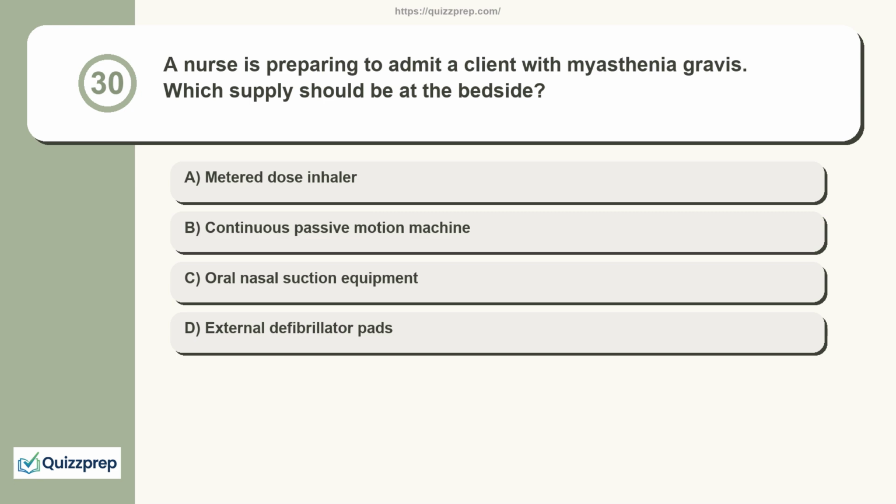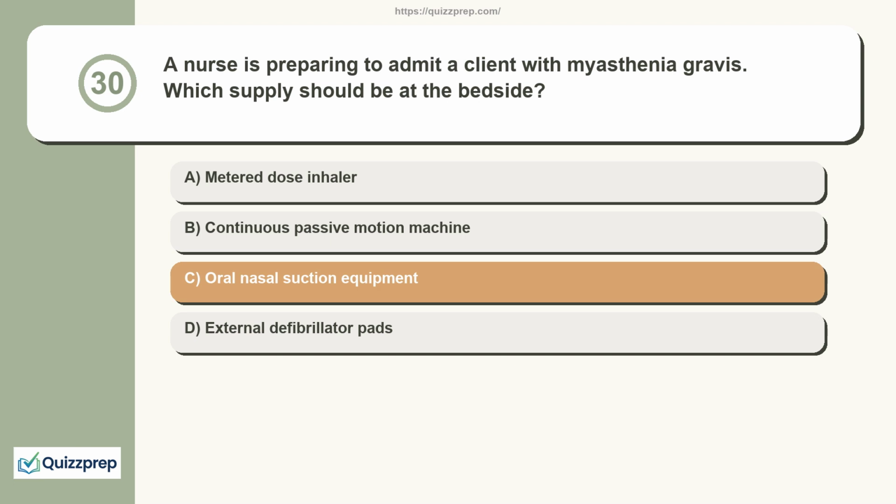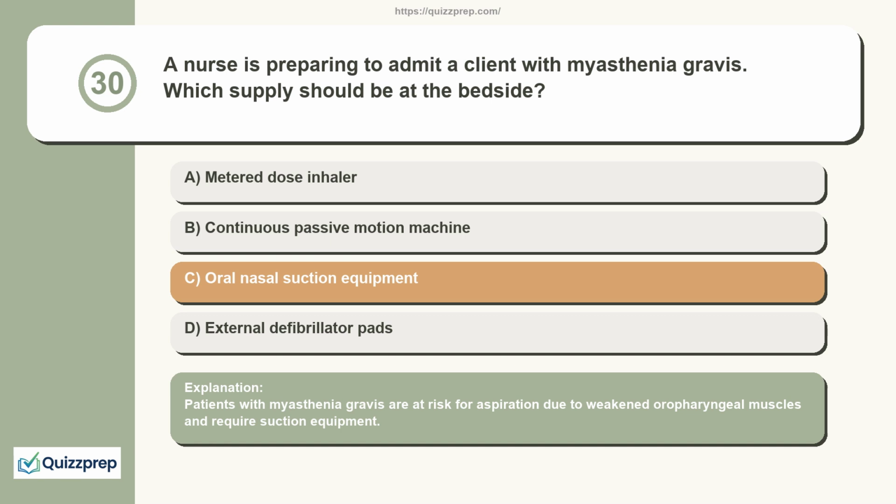Question 30. A nurse is preparing to admit a client with myasthenia gravis. Which supply should be at the bedside? Metered dose inhaler, continuous passive motion machine, oral nasal suction equipment, external defibrillator pads. Patients with myasthenia gravis are at risk for aspiration due to weakened oropharyngeal muscles and require suction equipment.